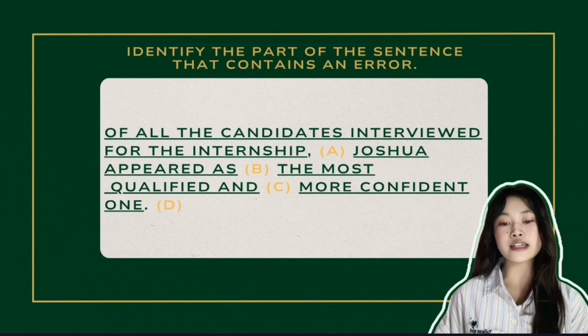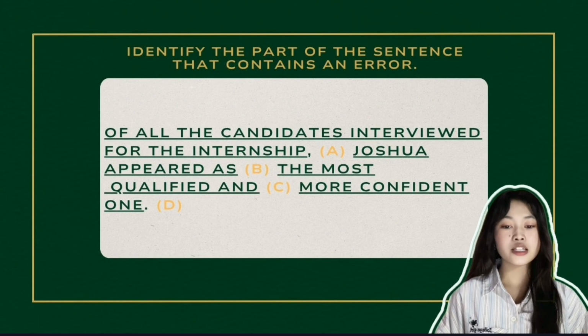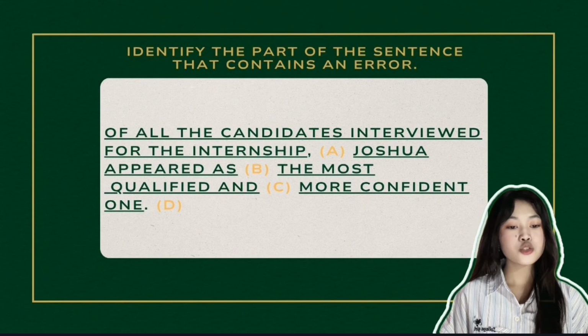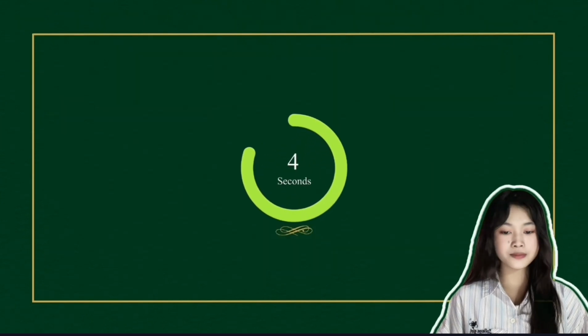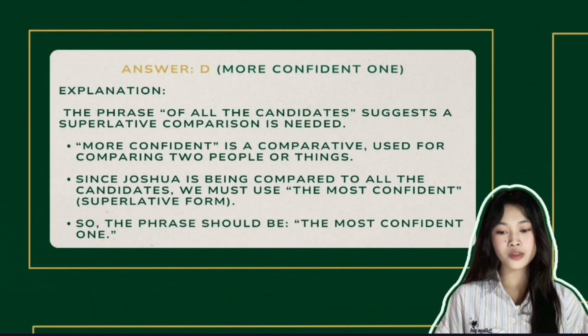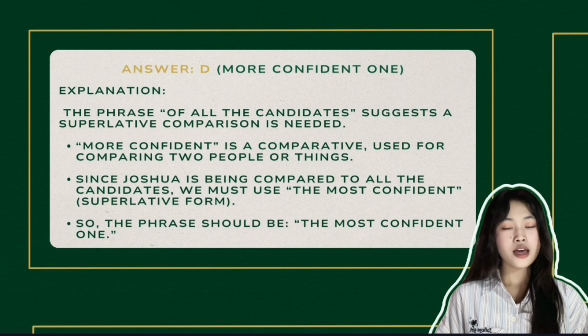Identify the part of the sentence that contains an error. Of all the candidates interviewed for the internship, Joshua appeared as the most qualified and more confident one. Take a moment to choose your answer. The correct answer is D, more confident one. Explanation.